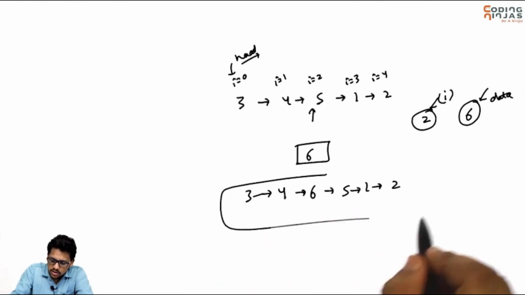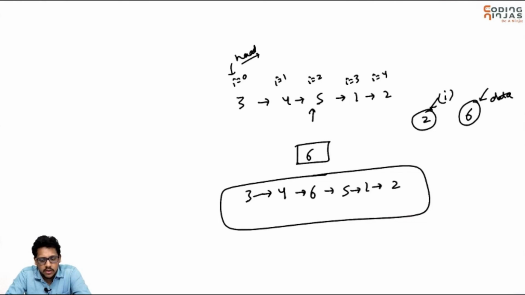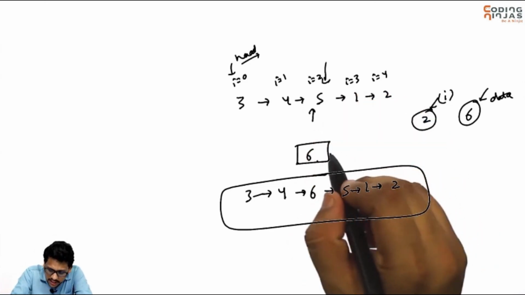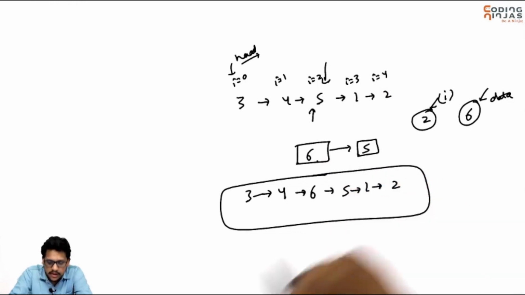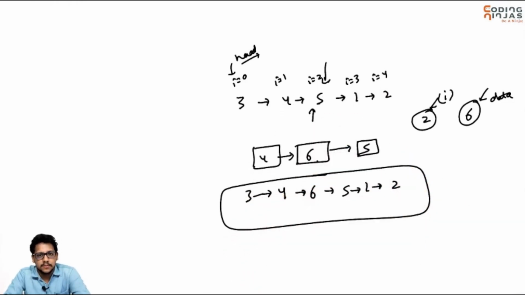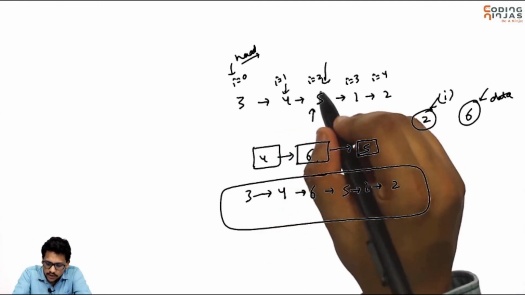So this is how the linked list will get changed, and for this to happen, I think we need 2 pointers. Why? Because 6's next will be made 5 and 4's next will be made 6. So you need a pointer to 4 and 5.